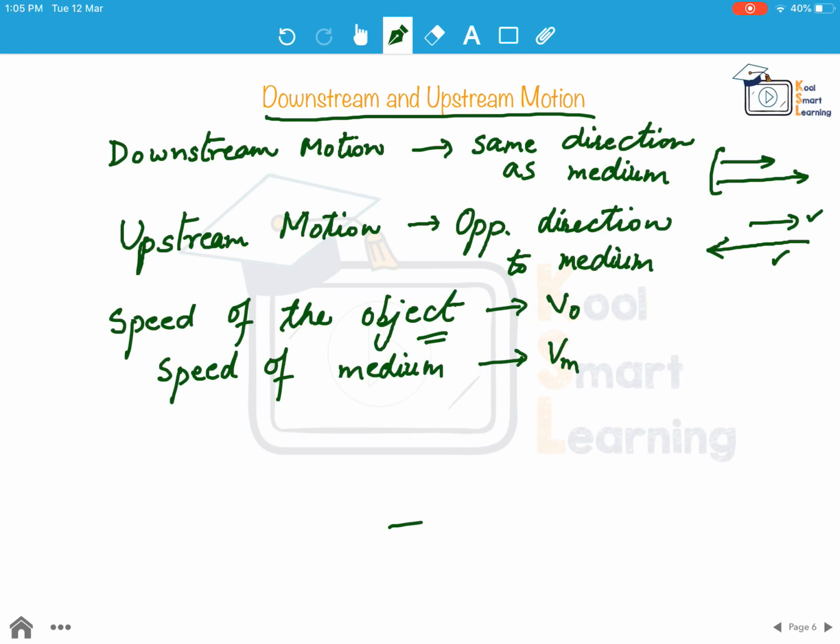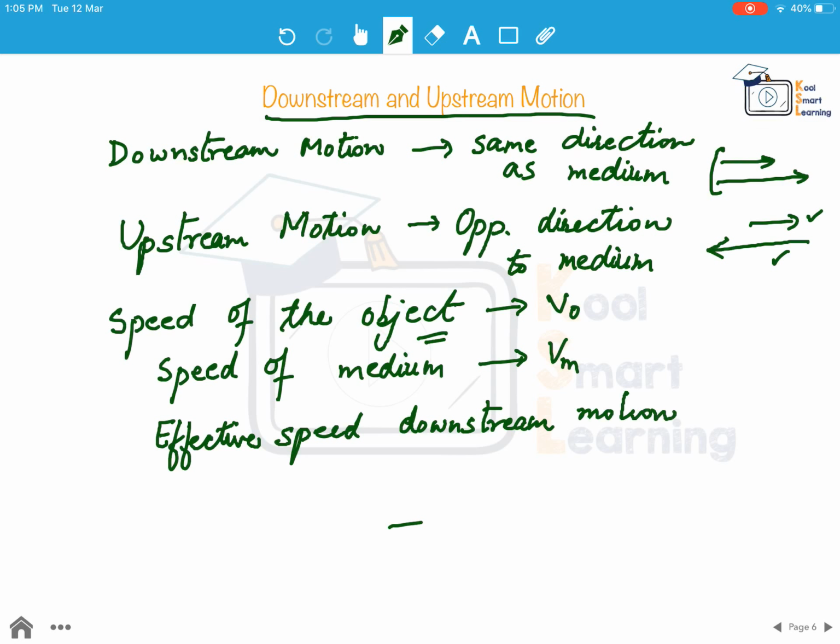Now we'll say effective speed. What will be the effective speed in case of downstream motion?